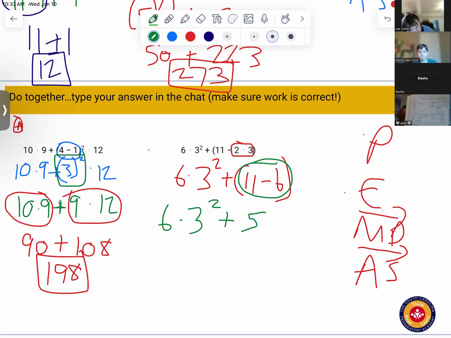Now the next step right here has to be this exponent. So 3 to the second power is 9. Then recopy the problem.